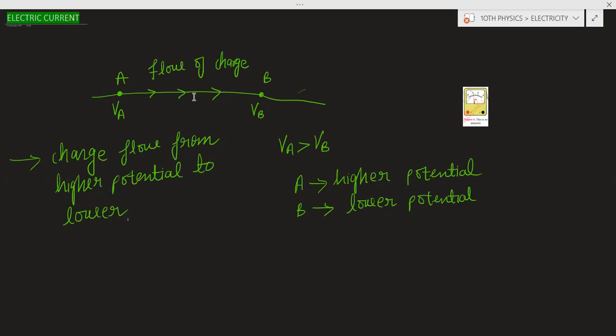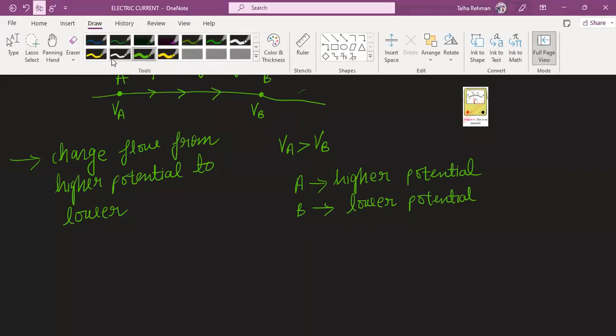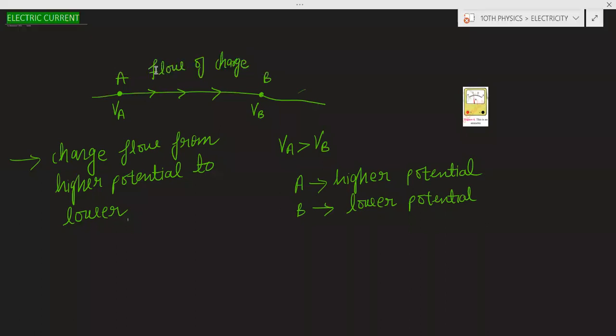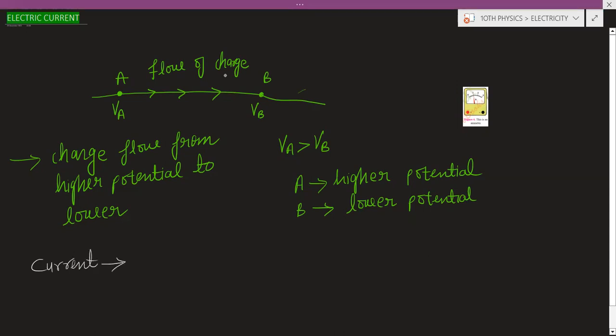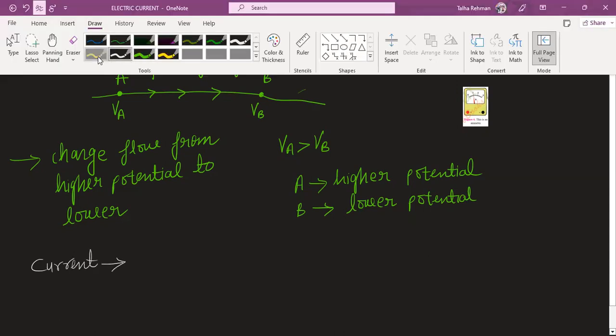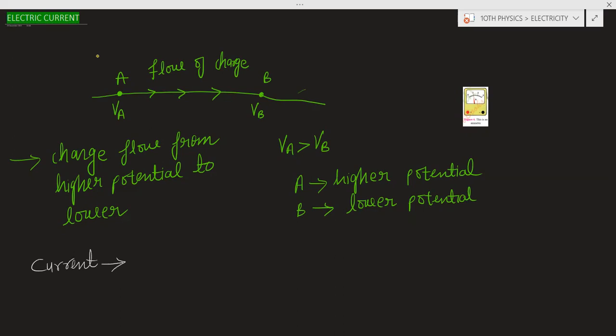And now coming to the current. The flow of charge is known as the current. The charge flowing per unit time is known as the current. So current is the rate of flow of charge.